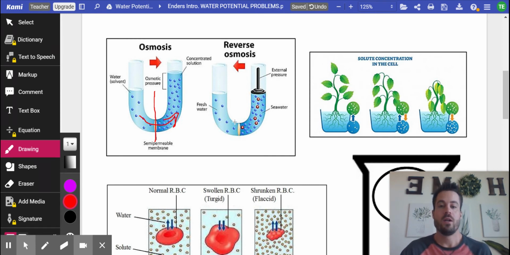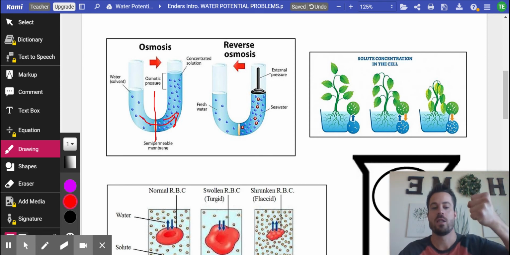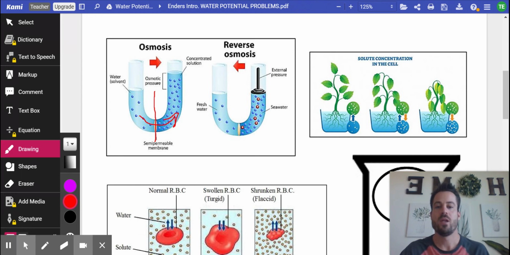Over here we have something different that has happened, and that is the experimenter has put this plunger type tool on top of the right hand tube and is now pressing it down, applying pressure. And we know that water potential is equal to solute potential plus pressure potential.